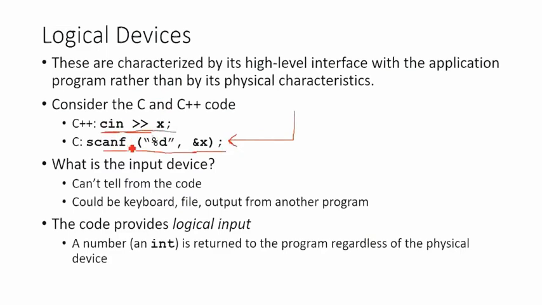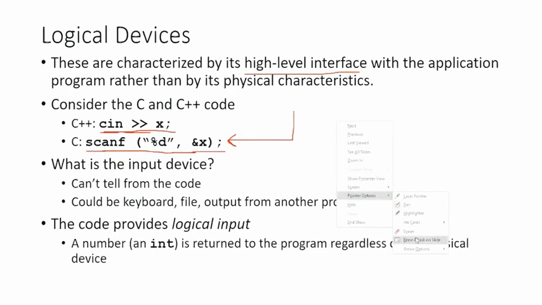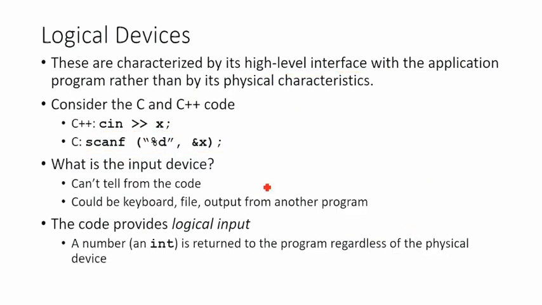It is characterized by the high level interface that the application program uses, not the physical characteristics of the device. All that matters is that a number should be returned to the program using whichever physical device it may be.